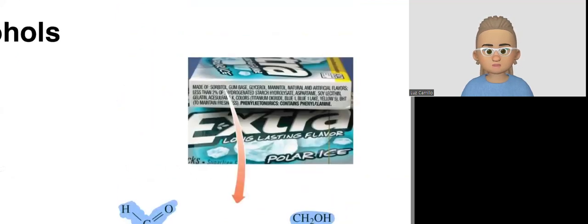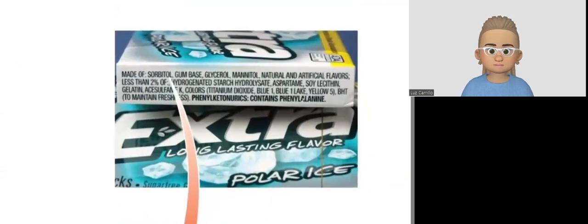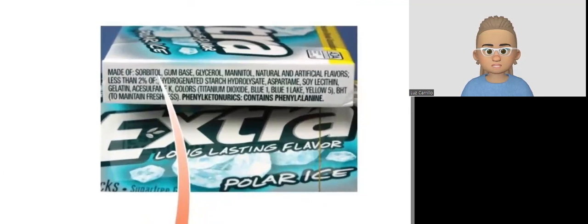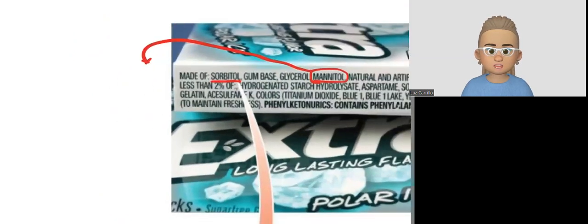If we look at the label for the brand of sugar-free gum Extra, we can see that sorbitol, or in other words, glucitol, is one of the sugar alcohols that is in there. But we can also observe that there is another one. As you can see here, we have mannitol. And by analysis, if we try to define, okay, what is the carbohydrate where mannitol comes from?